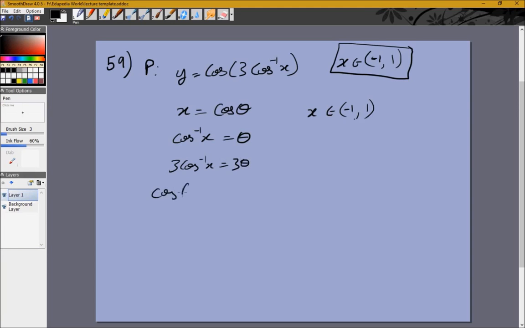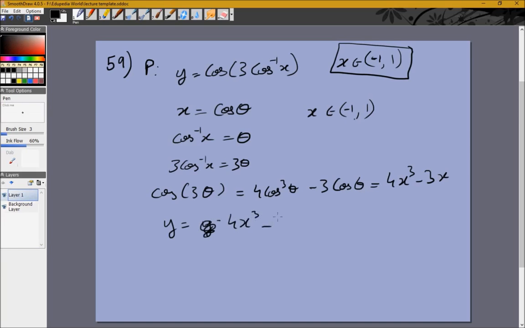Cos of 3 cos inverse x is cos 3 theta, which is 4 cos cubed theta minus 3 cos theta, but cos theta is x, so this is 4x cubed minus 3x. So we figured out that y is equal to 4x cubed minus 3x.